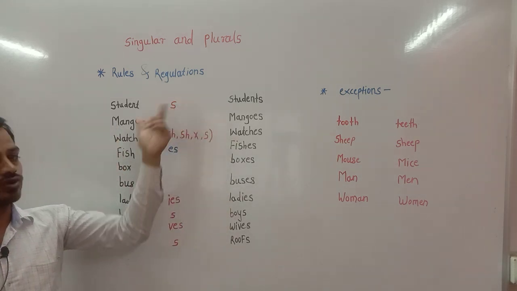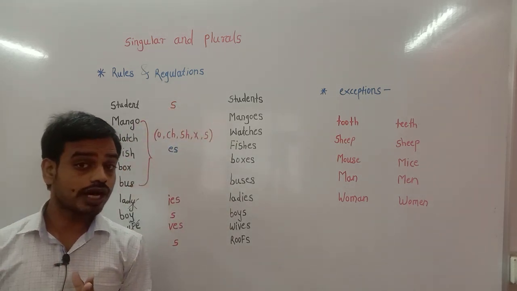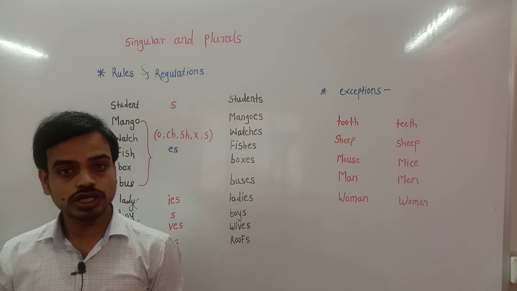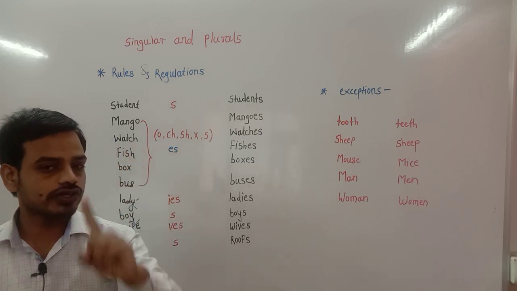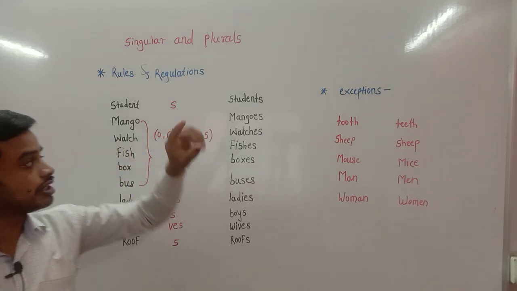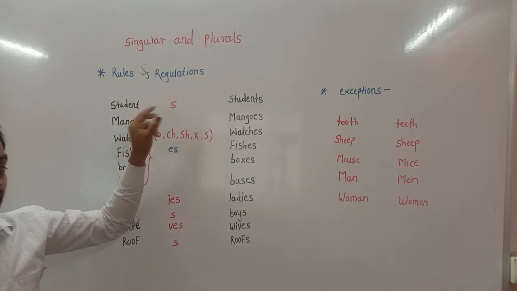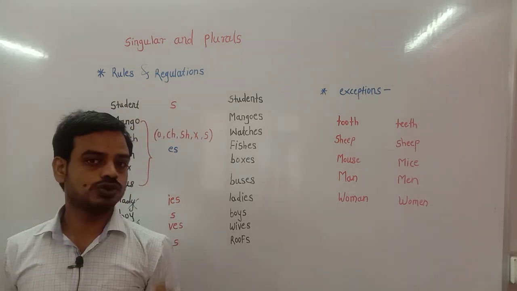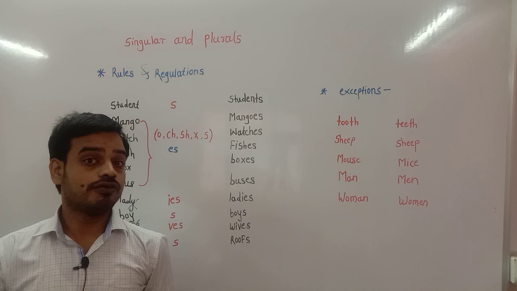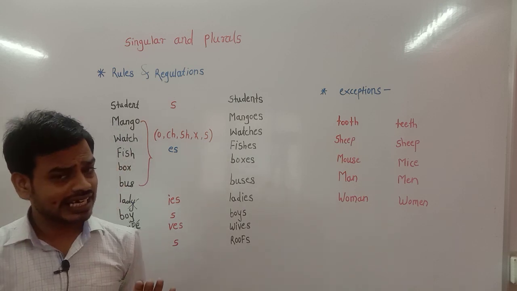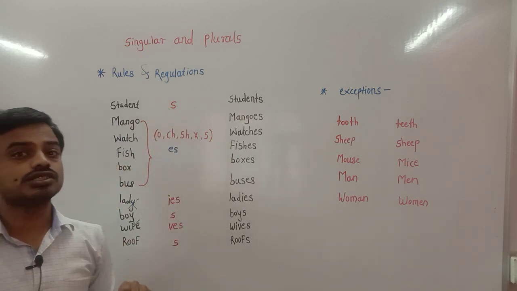That is our first rule. If you want to convert a singular thing into a plural thing, the first rule is to add only S. Such as book, books; mobile, mobiles; fan, fans. That is our first rule.